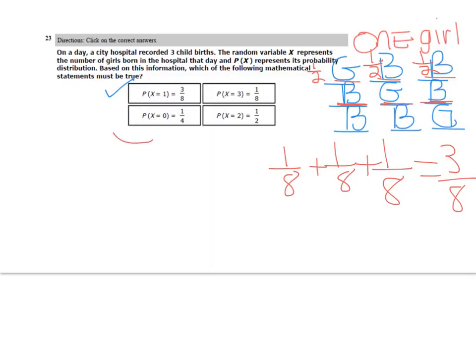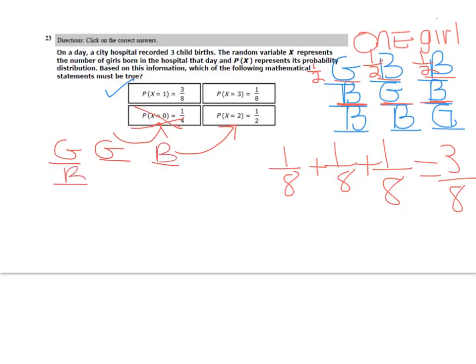Take a look at this. X equals 0 stands for the probability of not having a girl. With each birth, you have a 50% chance of having a girl, so this one just totally doesn't make sense, so we will cancel that out. This one says the probability of having two girls. If we actually did two girls, we would put our little lines right here: the first one a girl, the second one a girl, then the next one a boy.